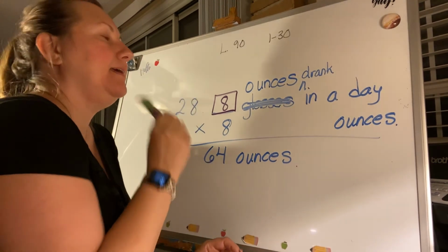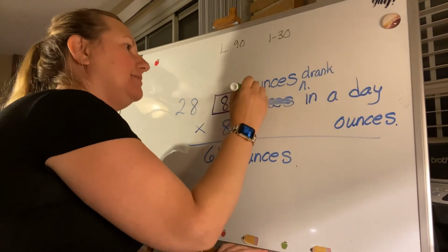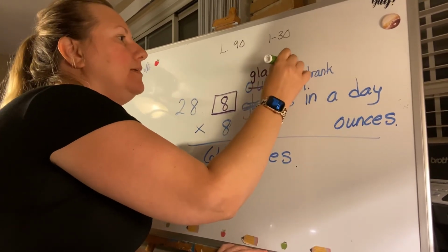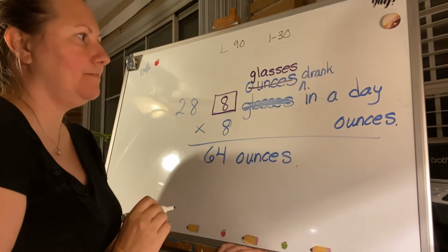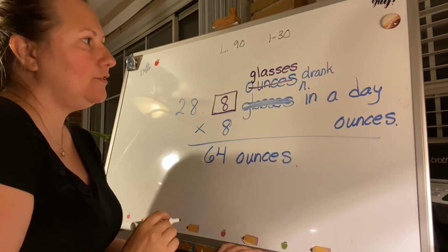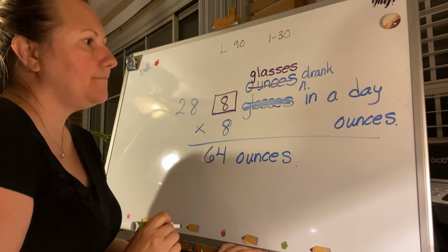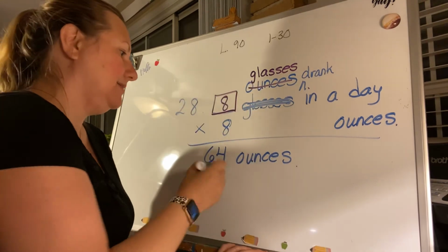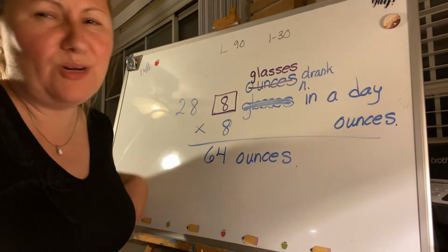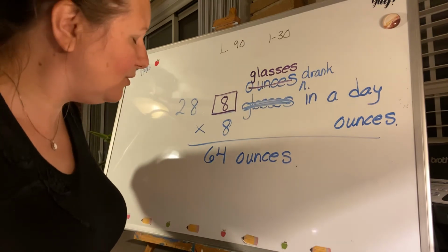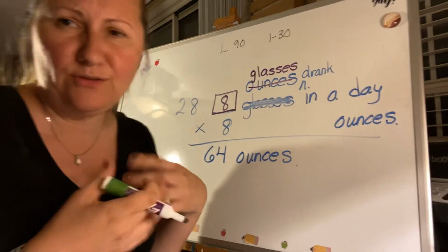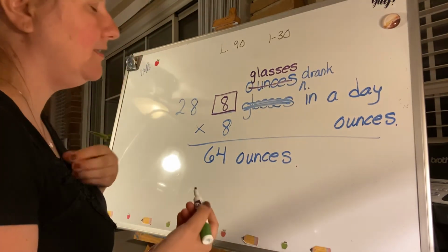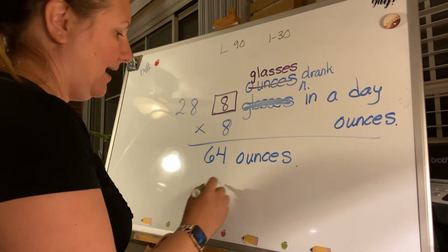So let's go back to glasses. Sorry, this one's giving me a little bit of trouble. So 8 glasses in a day times 8 ounces in a glass is going to give us 64 ounces. It doesn't work out as easily as usual, but that's why they use smaller numbers, 64, 8, and 8. So ultimately what we need to know is 8 glasses.